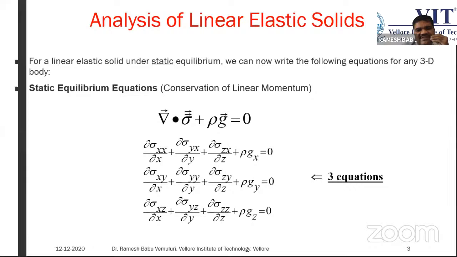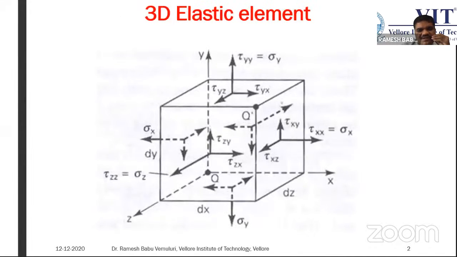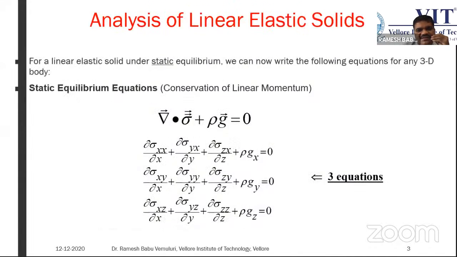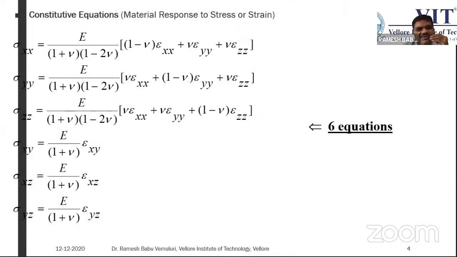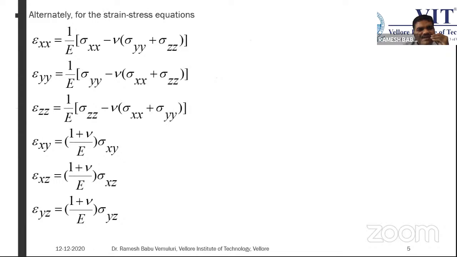Three equations are related to static equilibrium, as we saw in the previous case. That's the representation in this form, the static equilibrium equations. Then the constitutive equations, which are the stress-strain or material response equations. Alternatively, strain-stress, because stress and strain are the same, we can take the inverse.